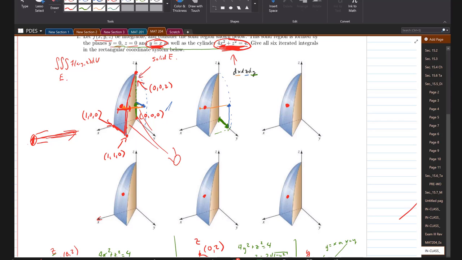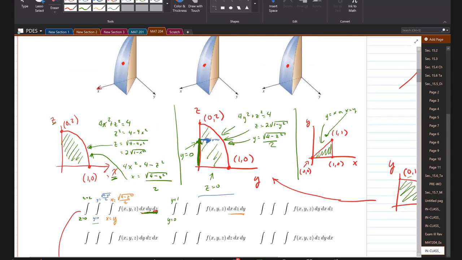If we called this problem part A, maybe this was what we did to get to part A. So for part B, we're still going to be in the YZ plane. Do you see that? Because we still have the z and y there. For part B, I'm going to go out some y value and then up some z value. So that's what we're doing here for part B.